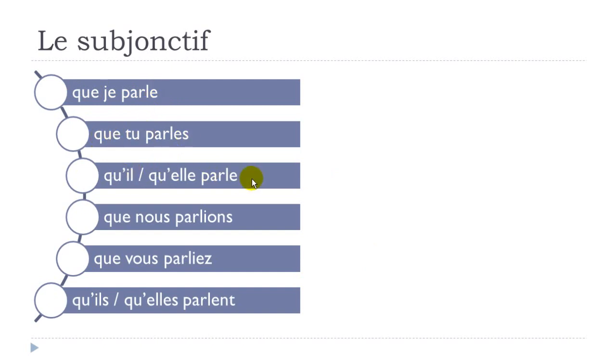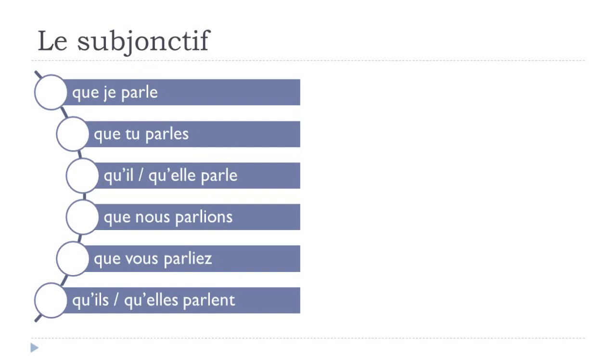Qu'il parle, qu'elle parle, exactly the same as the present form, and then qu'ils parlent, qu'elles parlent, same, it's like the present form. Que nous parlions and que vous parliez, it's exactly the same thing as the imparfait. All right? So normally, and that's the thing, if you watched all the videos, especially the video concerning the present tense and the imparfait, you know this subjunctive form already.